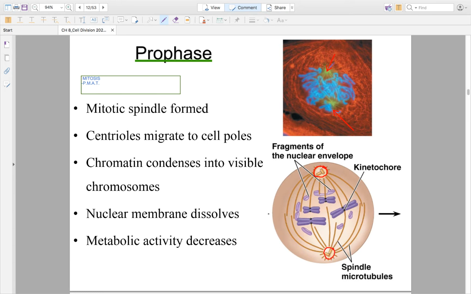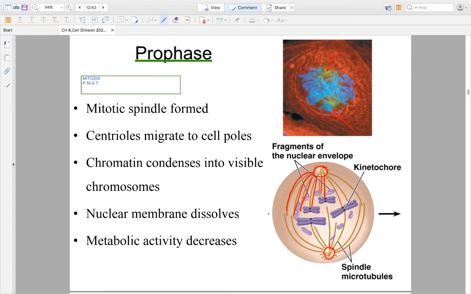See them in green up here? During prophase, they get into that position, and not only do they do that, they make this net. It almost looks like a net. This is called the mitotic spindle.